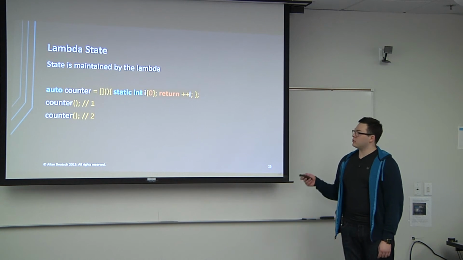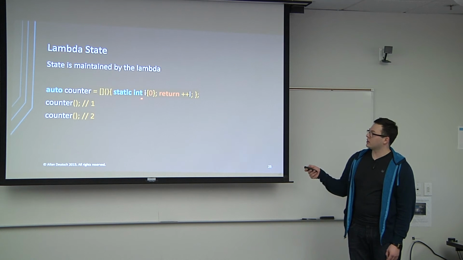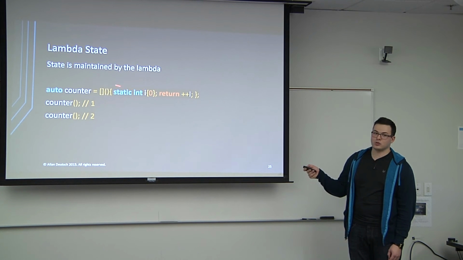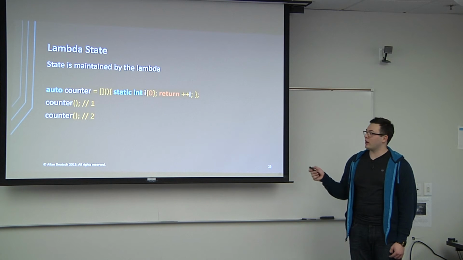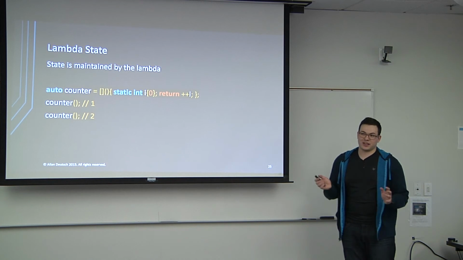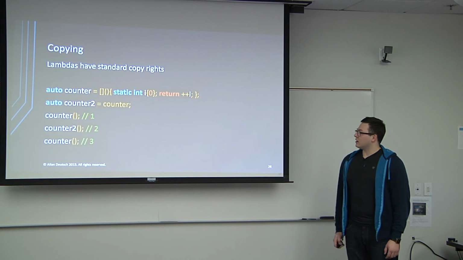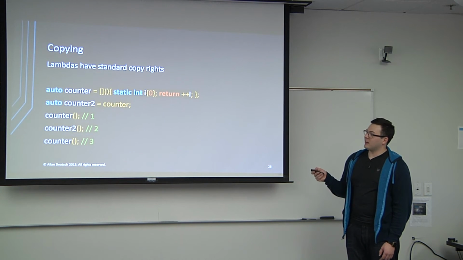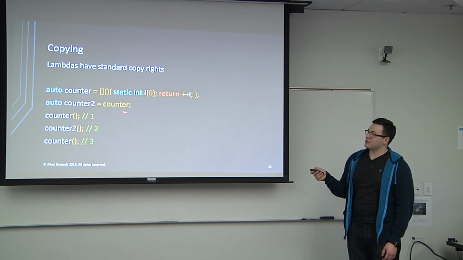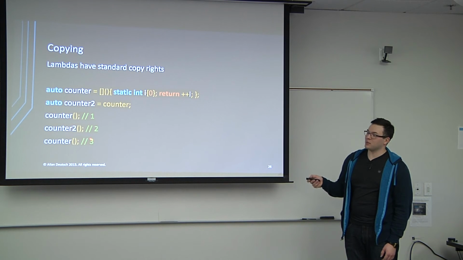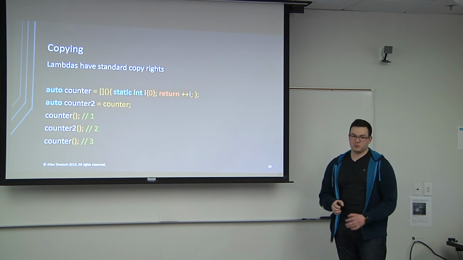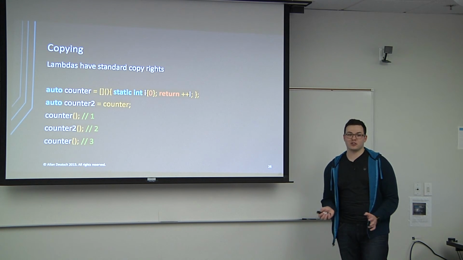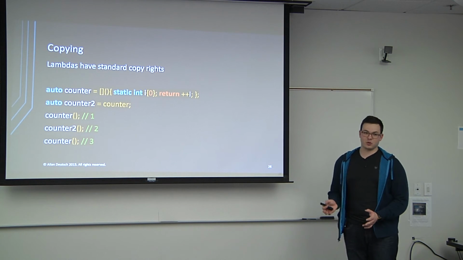So again, pretty much this code here is getting copy pasted into some sort of struct. And then you have an instance of the struct, and it's working the exact same way. So then if you have another counter, which is equal to it, it's of the same type, because you just copied it. So then they actually use the same static int. So it's almost entirely functionally equivalent to just making some sort of function object.